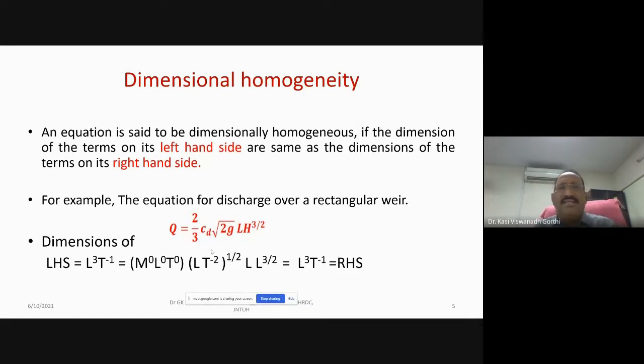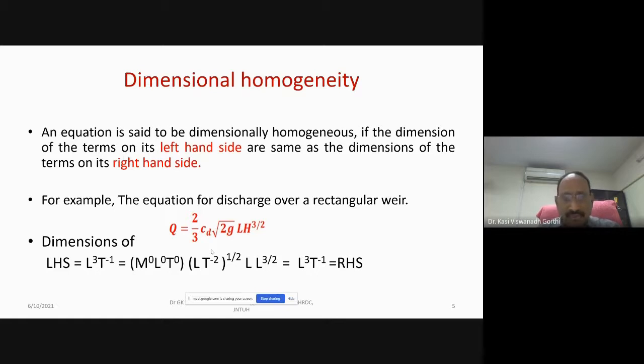You know very well what a weir and a notch are: rectangular notch, triangular notch, trapezoidal notch, several types of weirs. C_d is the coefficient of discharge, g is acceleration due to gravity, L is the length of the crest, and H is the head over the weir or notch, which is causing flow.